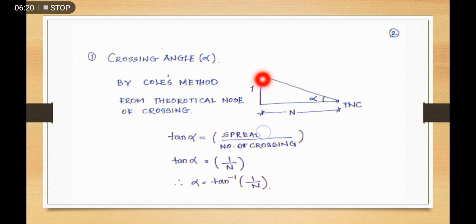Here the vertical height is the spread between the stock rail and the tongue rail that we have seen initially in the slide. Here the angle subtended at the theoretical nose of crossing is the crossing angle, and to determine it we have the formula, tan alpha is equal to the spread between the stock rail and the tongue rail divided by the number of crossing. So here you get alpha as tan inverse 1 upon n. So this is regarding the crossing angle.